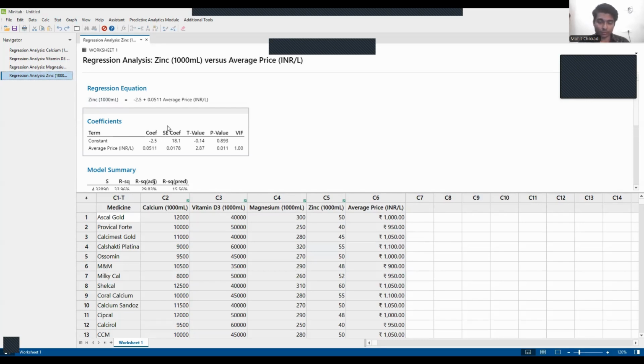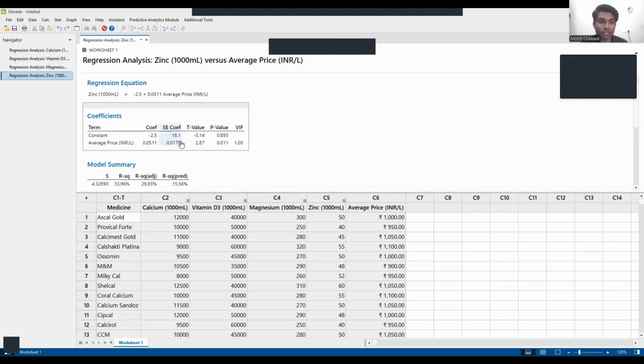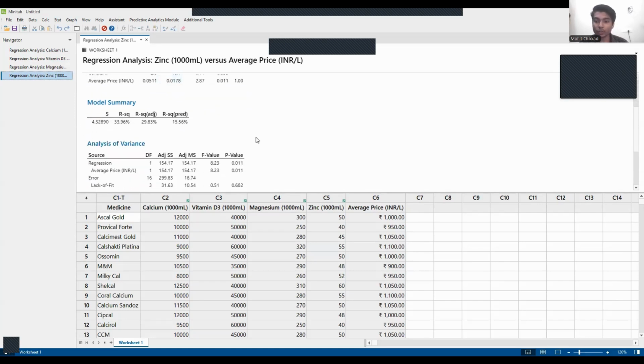We know that the R square value ranges from 0 to 1, that is 0% to 100%, with higher values indicating a stronger relationship. A value of 1 means that the model perfectly predicts the outcome, while 0 means it's a terrible predictor.